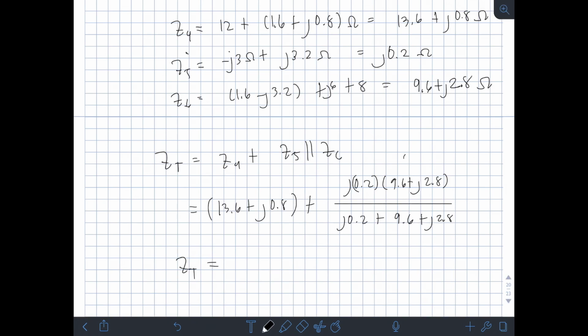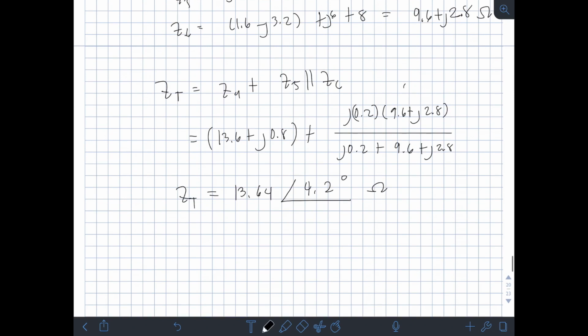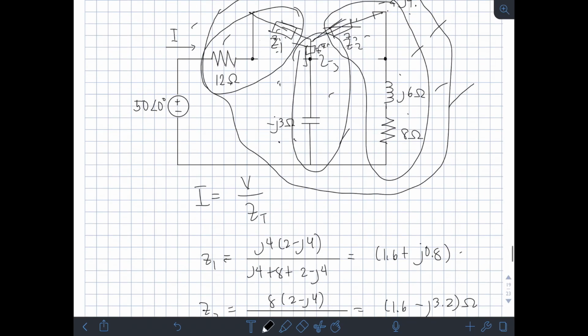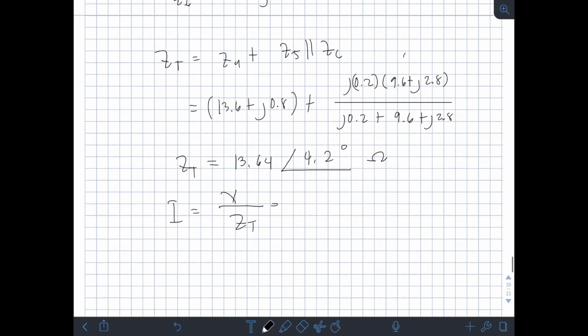So, ZT is equal to 13.64 angle 4.2 degree ohms. So, using Ohm's law, we have I is equal to V over ZT. So, our V is 50 angle 0.